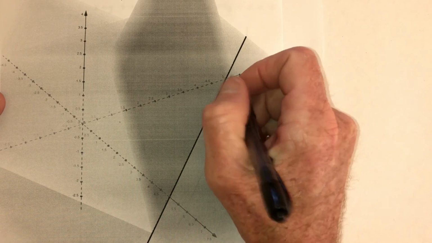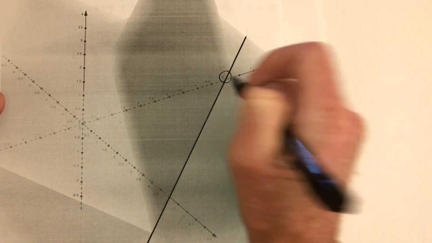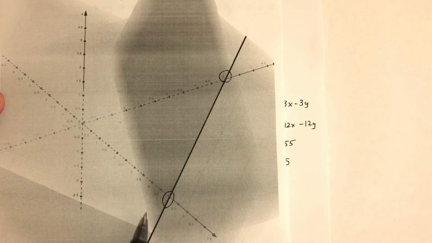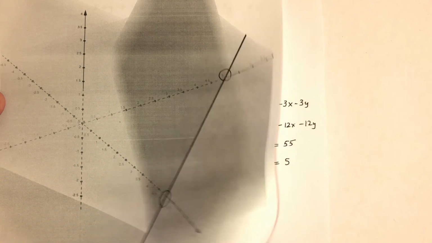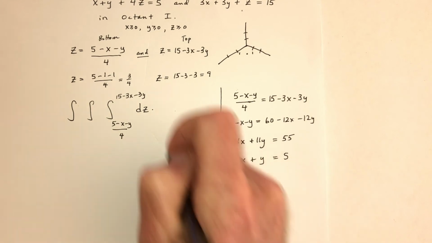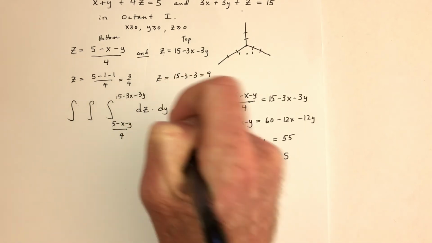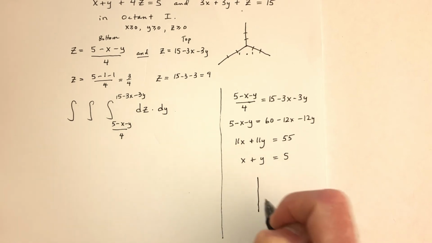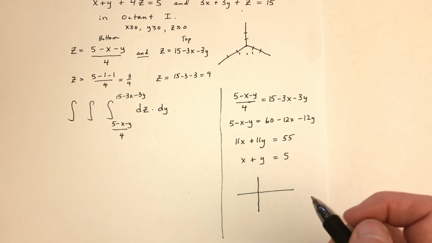I don't know if you can see it, but right there, that's 5. I can see that one says 4.5 and that says 5.5, so that is 5. So it looks like my algebra is correct. That means I'm going to do dy, and now I can just look at the xy axis.